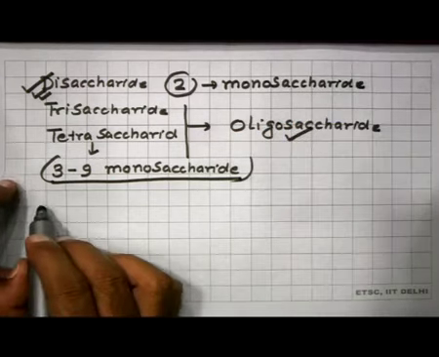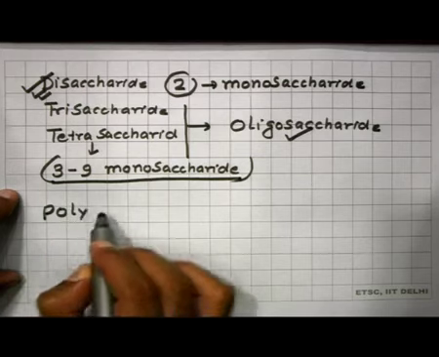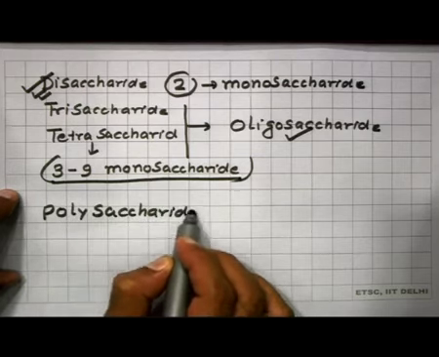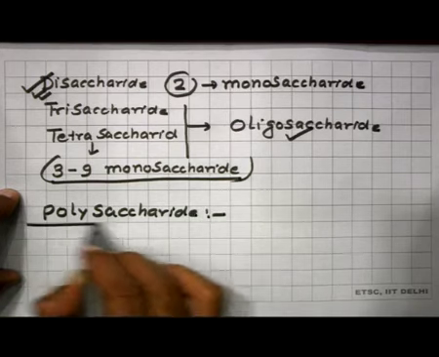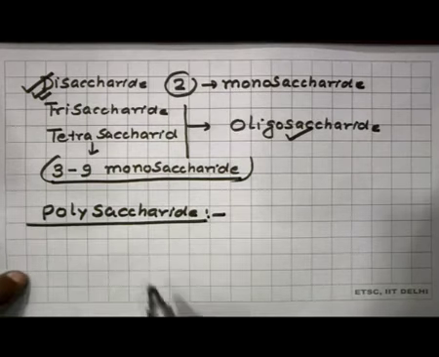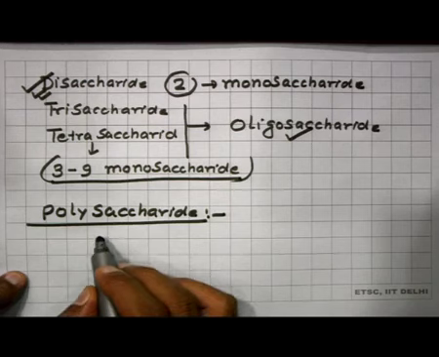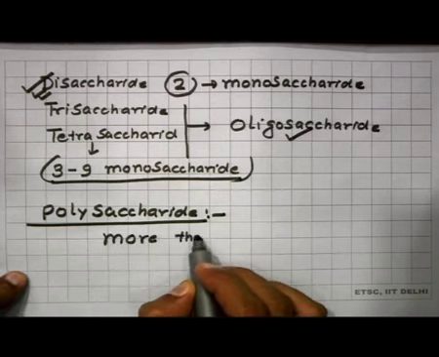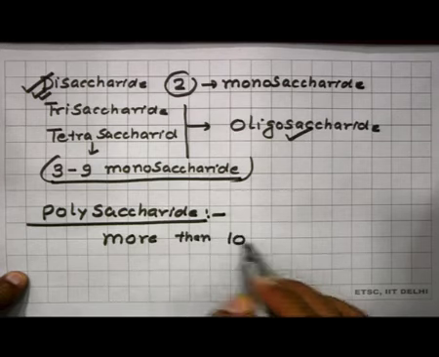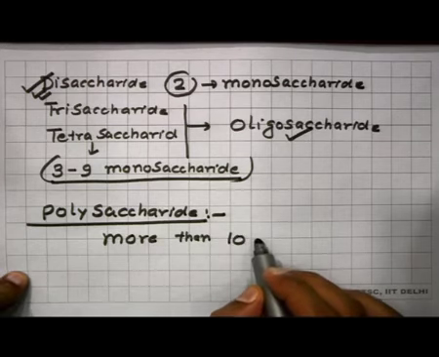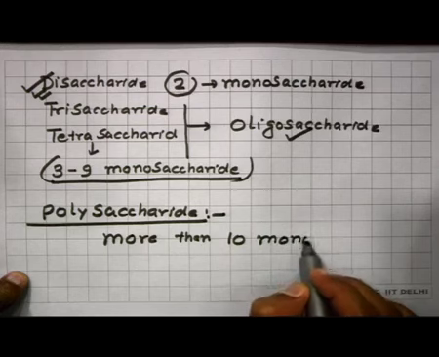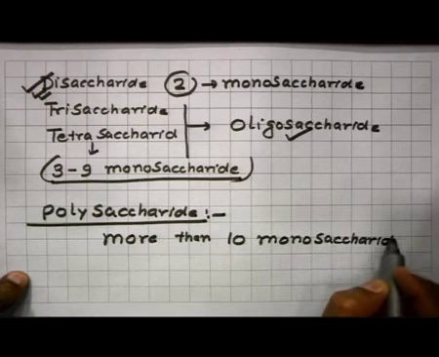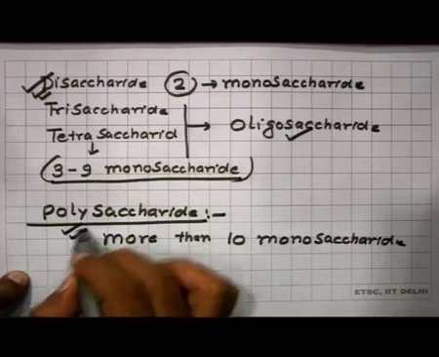and lastly polysaccharide. After hydrolysis, when the carbohydrate gives more than 10 monosaccharides, it is called polysaccharide.